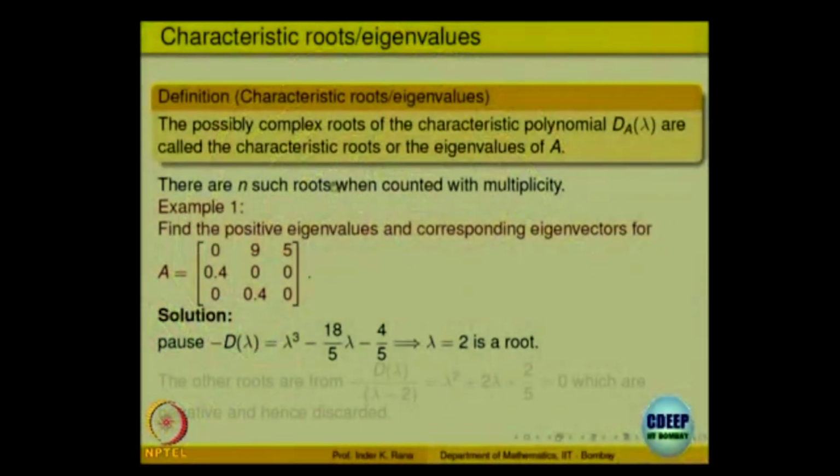So let us look at this. The roots of this are the eigenvalues, right. Roots of the characteristic polynomial are the eigenvalues. Now here is a theorem in algebra called the fundamental theorem of algebra. Here the coefficients are all going to be real, right. We are looking at real matrices.